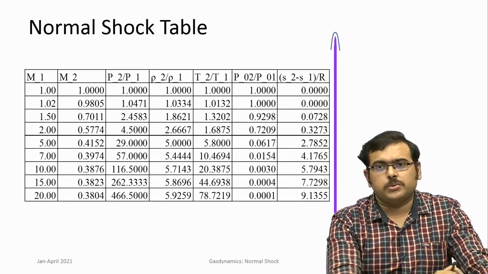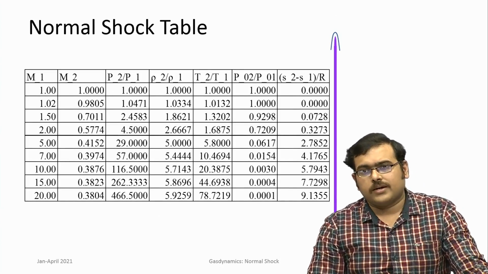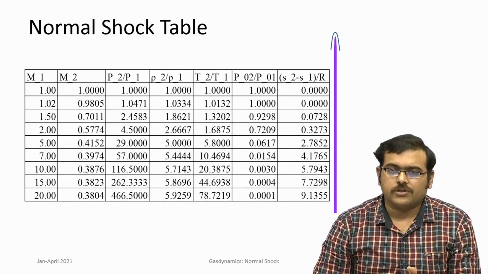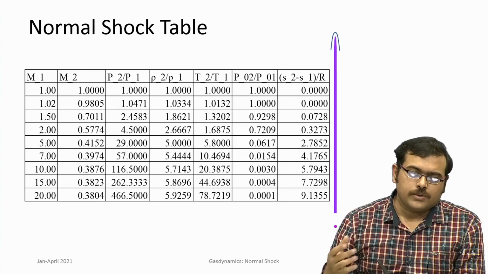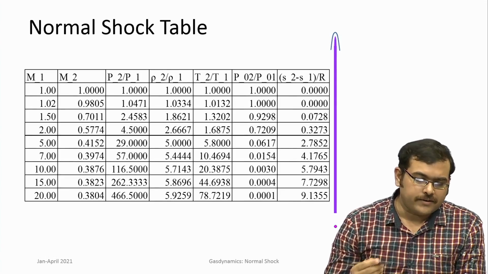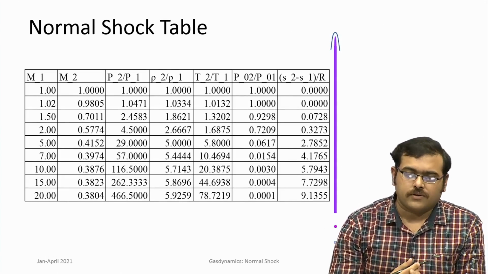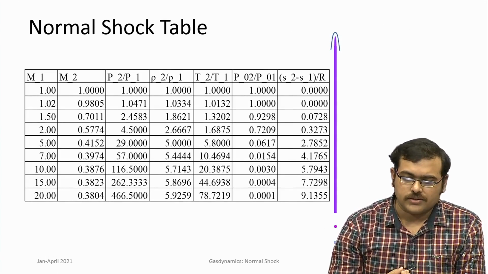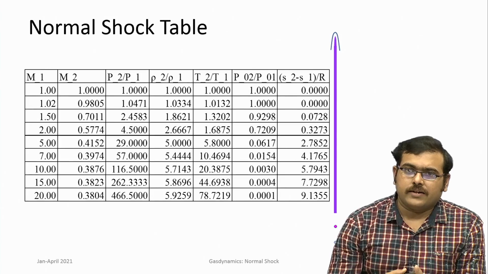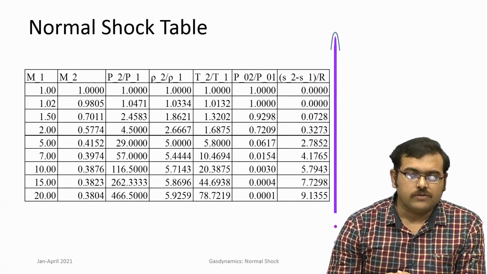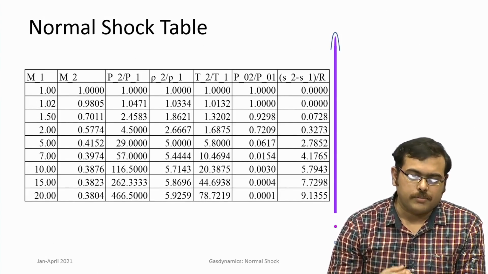Now, similar to the isentropic charts, for normal shocks also you get charts, and the way to use the charts and tables is the same whether you use it for isentropic relations or normal shocks, and they are given at the end of textbooks or in the appendices.